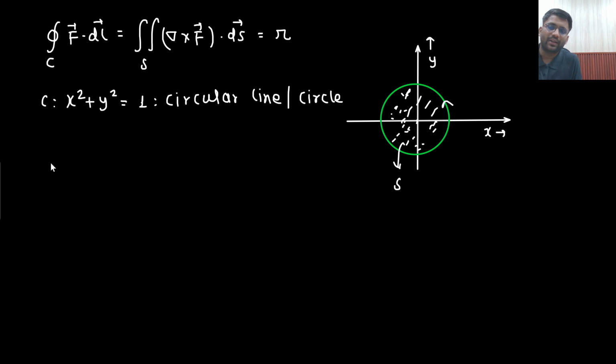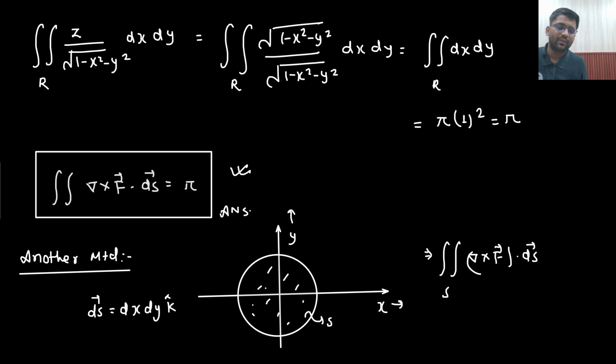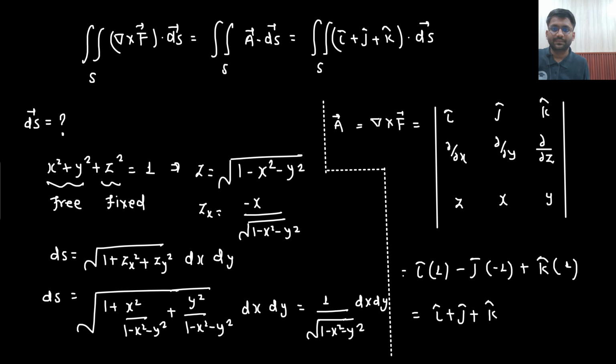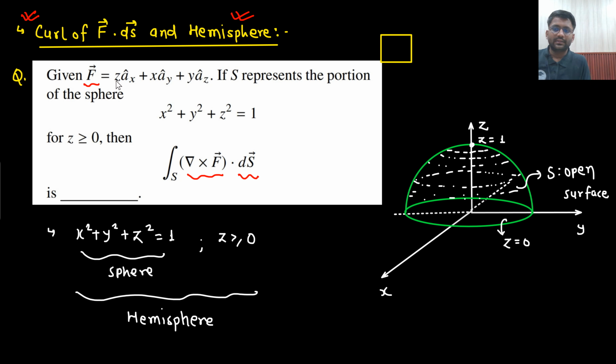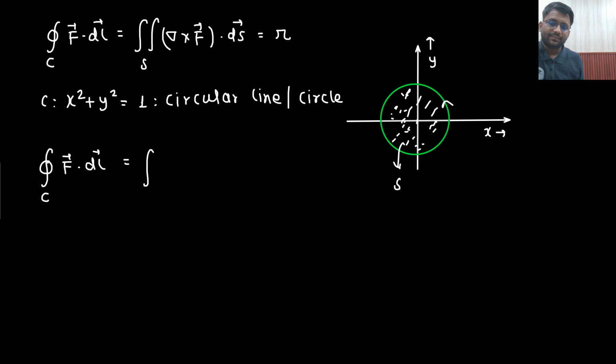So what you are supposed to calculate? You are supposed to calculate f dot dl for this particular circle, x square plus y square equals 1. Can you calculate this? What is your f? F is given as z i cap plus x j cap plus y k cap.